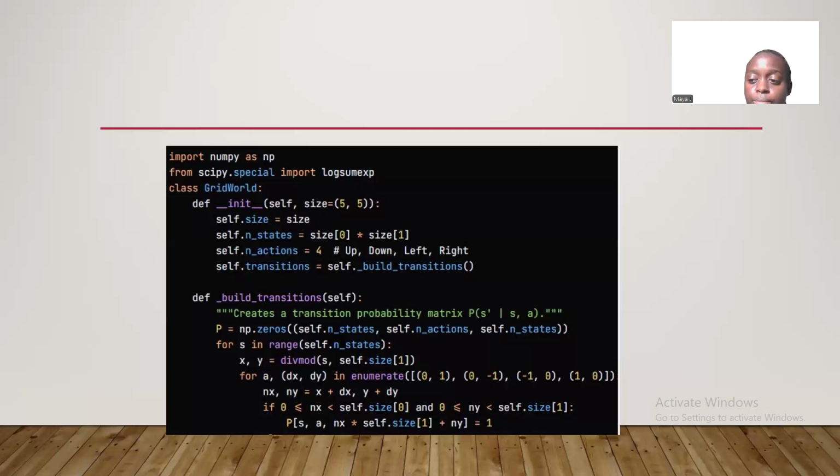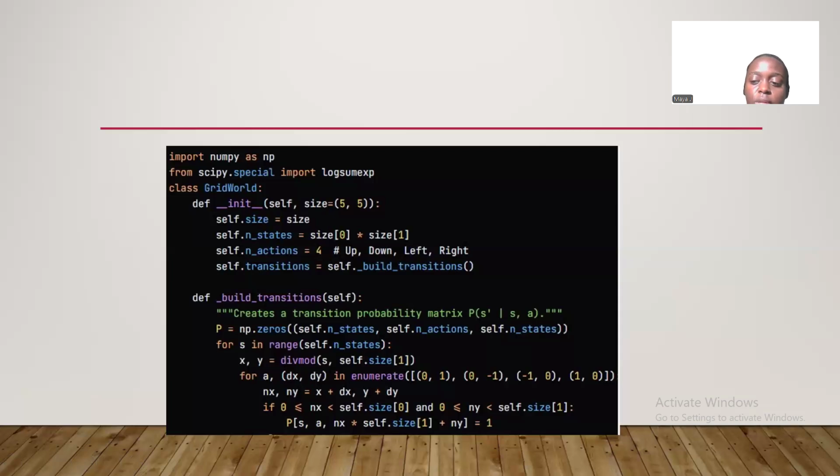This for loop helps us iterate over all the states, so for S in range states, you iterate through all the states. And we have another iteration here for A, dx, dy in enumerate, where you iterate through the actions.